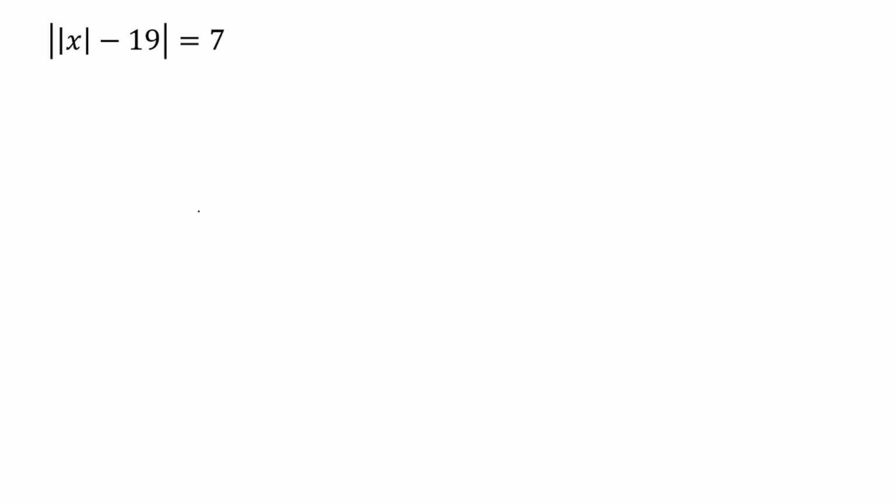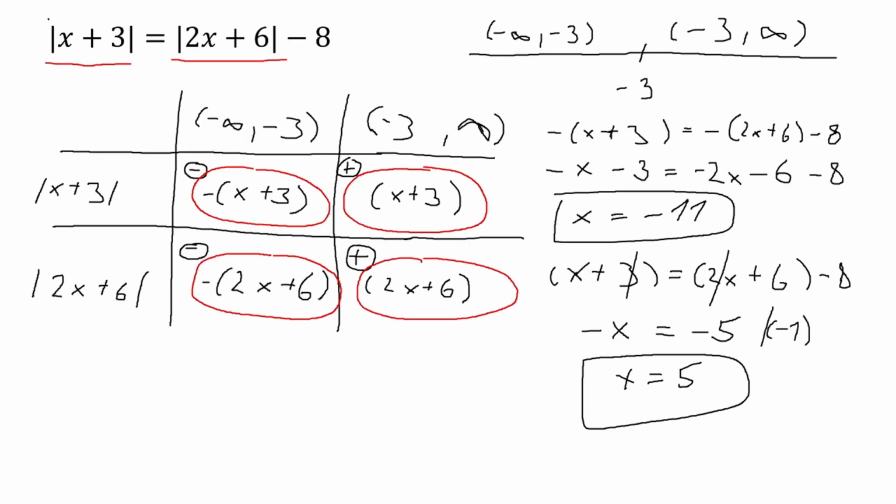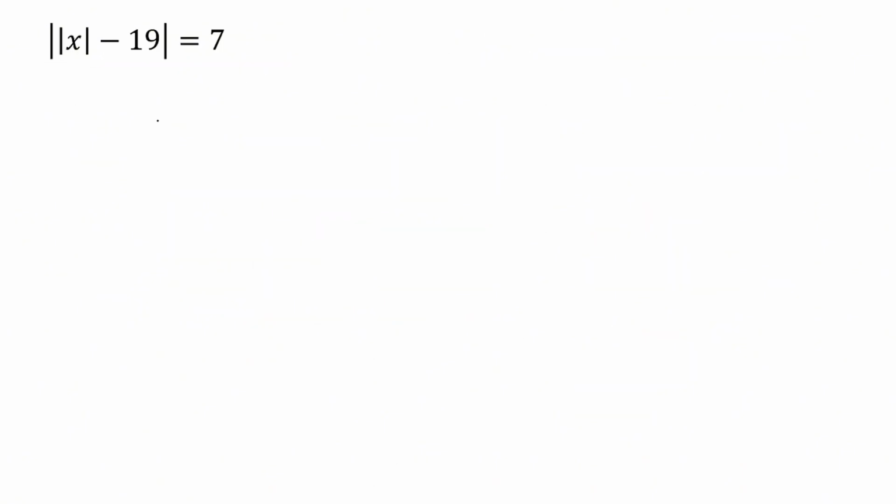So the other type of absolute value problem which you might encounter, apart from the problem where we had 2 absolute values or maybe 3 absolute values, is an equation where you have an absolute value within an absolute value, which is nested in an absolute value, obviously.